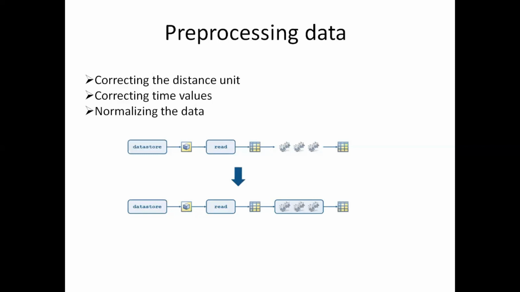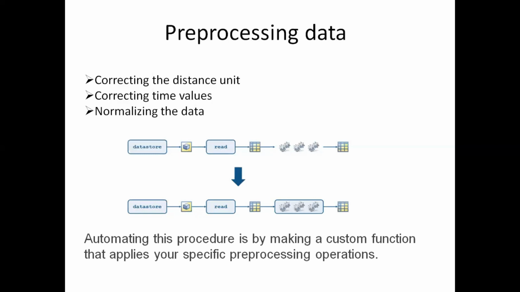Now in this case, we will include one more pre-processing step. We will also be normalizing the data. We will see how to normalize the data and then use that particular data. So now we will see how it is to be done.